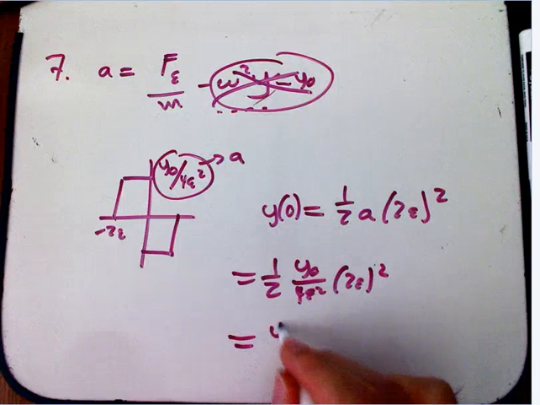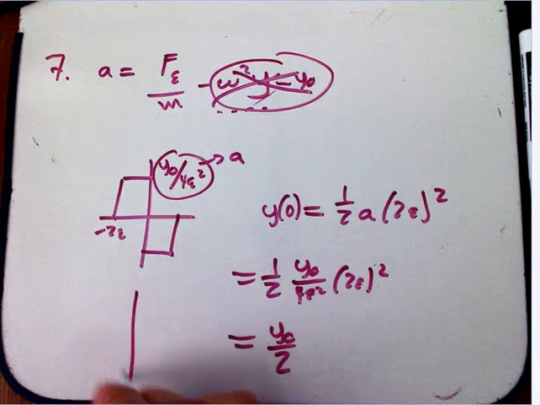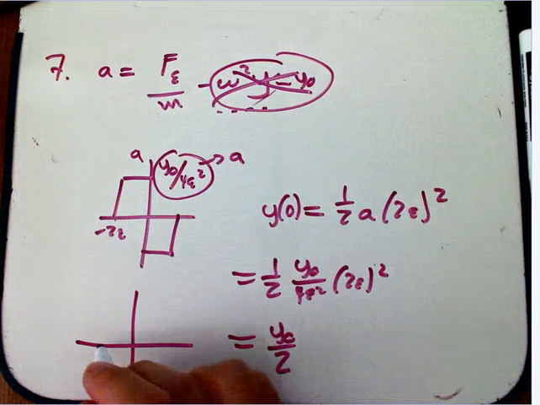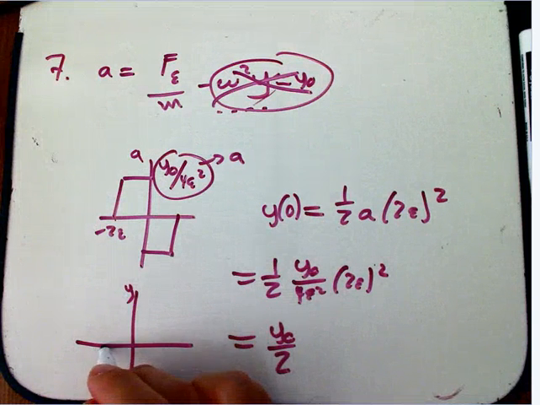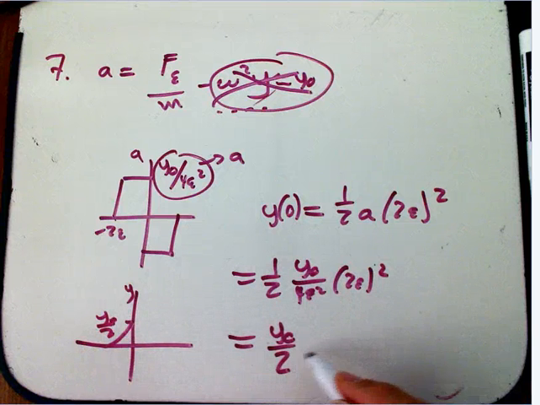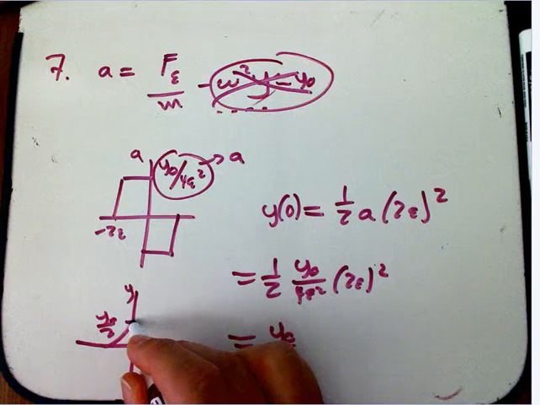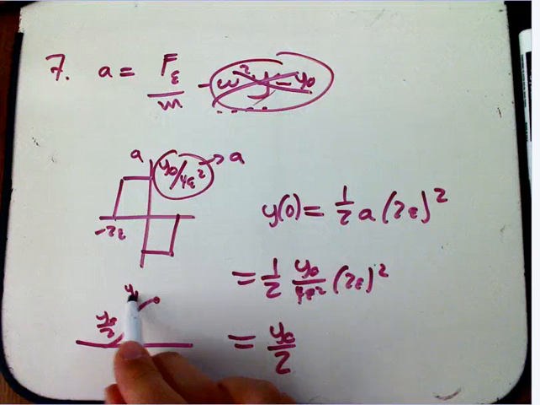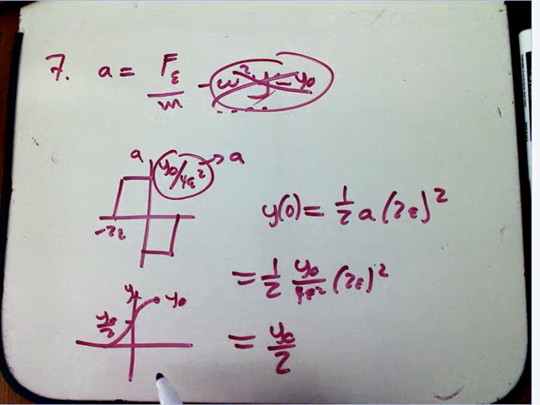The 4 cancels out, and I'm at y naught over 2. So there's my forcing function. Actually, this is a graph of the acceleration now. And the y has undergone constant acceleration. It gets me exactly halfway up to where I want to go. And then by symmetry, I just decelerate, getting me back exactly at 0 velocity, but twice as high up, to height y naught. And that's the idea for 7.